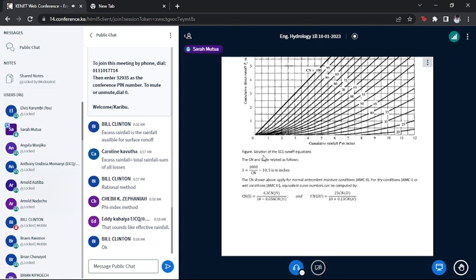Let me just check in the textbook here, page 493. And I will define to you the rational method. The rational method is a method that is used to calculate the maximum peak. The rational method is only used to calculate the maximum peak. The amount of intensity.